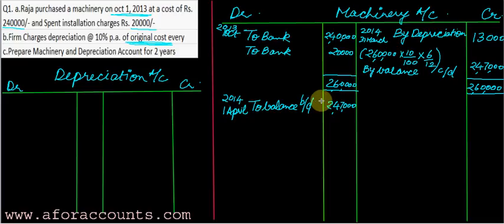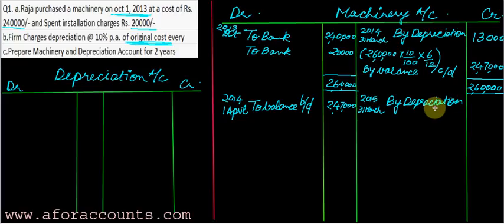Okay. Now we have to again charge depreciation at your year end. So 2014-15, so 2015, and it is 31st March. So by depreciation, because the entry is depreciation account debit to machinery, in the machinery account I have to write by depreciation.